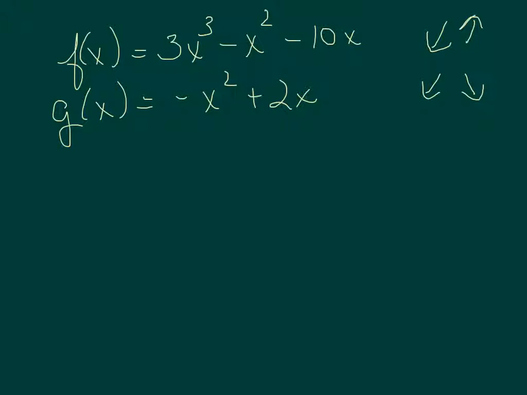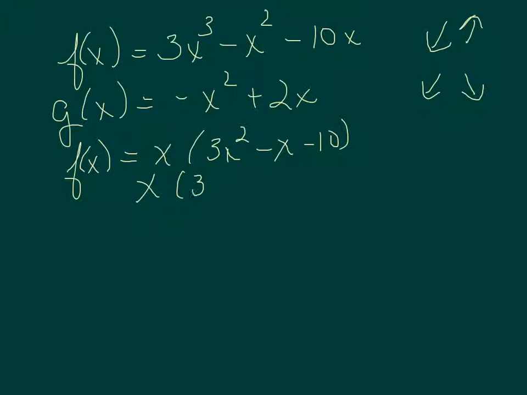Now, if we graph the function before we find the points of intersection, what I want to do is find the zeros of each function. For f of x, I'm going to factor out an x, and we'll have 3x squared minus x minus 10. I think I can factor: if I do a 2 and a 5, that's going to give me 10.